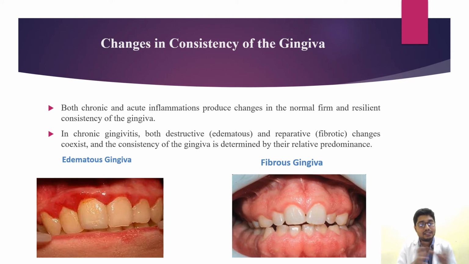At that time you can see some destructive, edematous areas of gingiva. Then, because of the immune response, a reparative phase also occurs, producing new collagen. You can see both types of consistency of gingiva in chronic gingivitis patients, and what stage it is depends on the relative predominance of whether it is reparative or destructive, whether it is edematous or fibrotic.